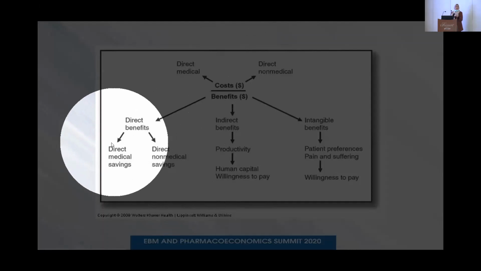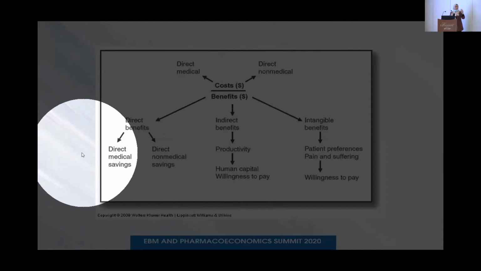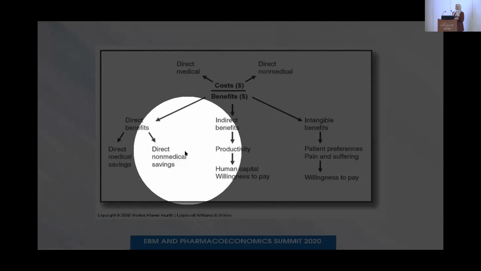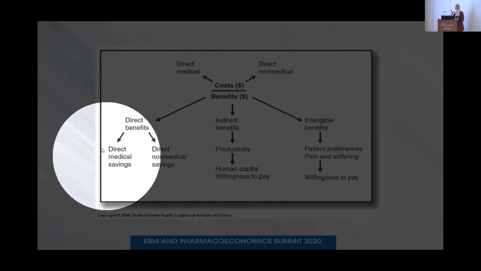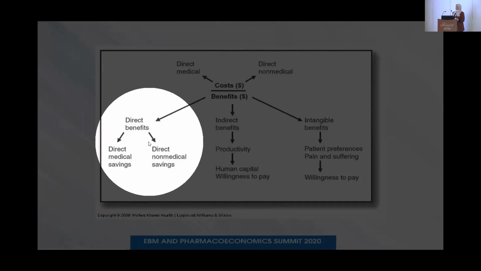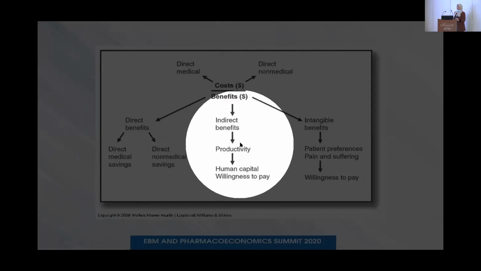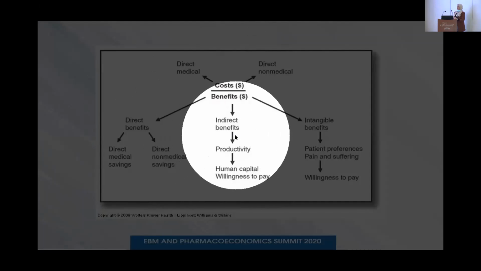So we would look at the direct medical savings of using a preventive program or using a certain type of treatments, as well as the direct non-medical savings for our patients or on our institutions. Same, it would be the indirect benefits related to the productivity.